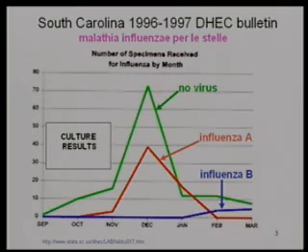Was it A or B? And for this particular year, you can see that a large number of samples that were submitted because people thought that the patient might have influenza turned out not to be true influenza. Many other diseases present very similarly.